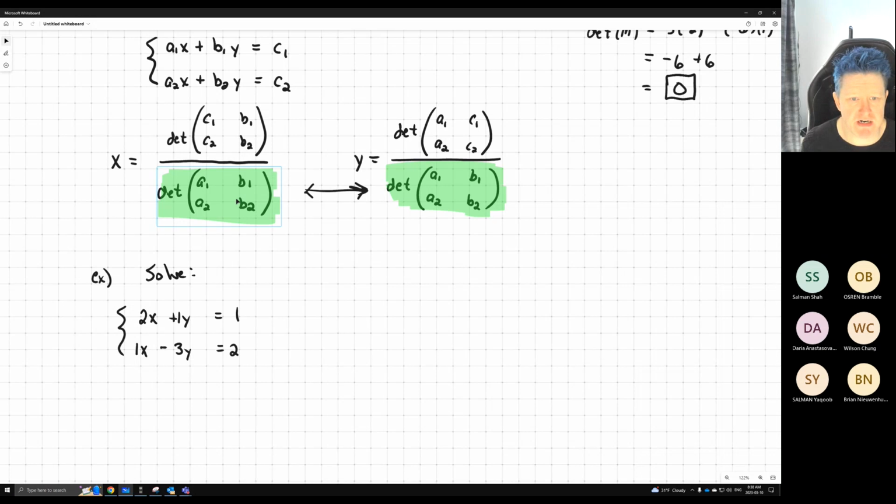The denominator is sometimes called del, not to be confused with delta. So delta is this symbol, this is delta. Del is the delta turned upside down, and it's spelled DEL.